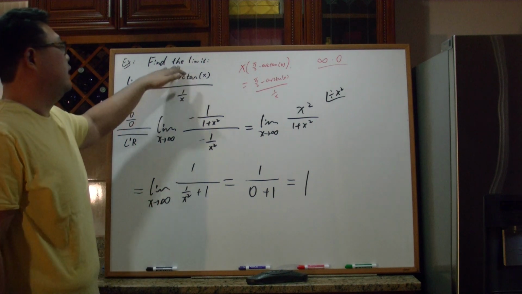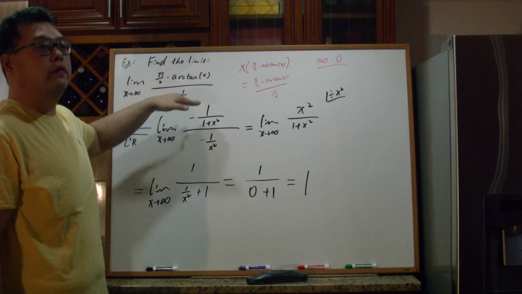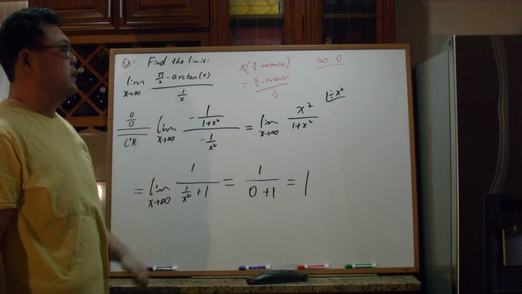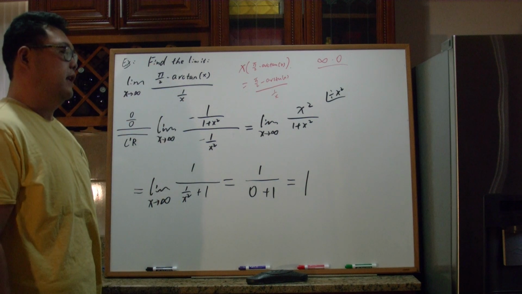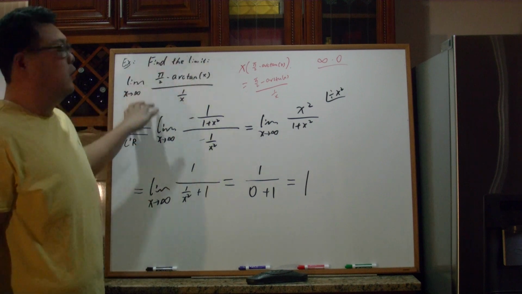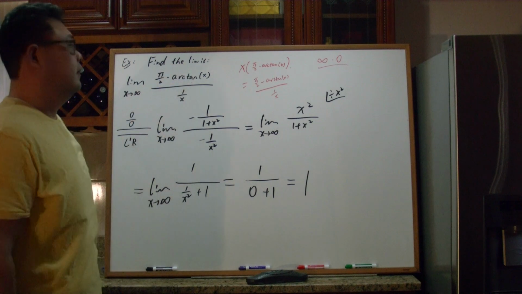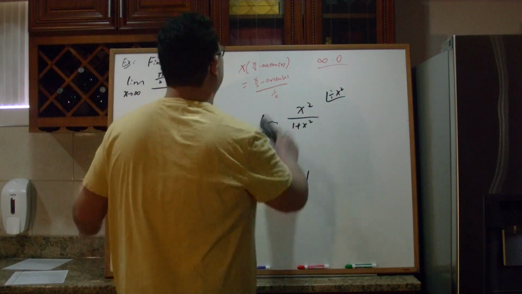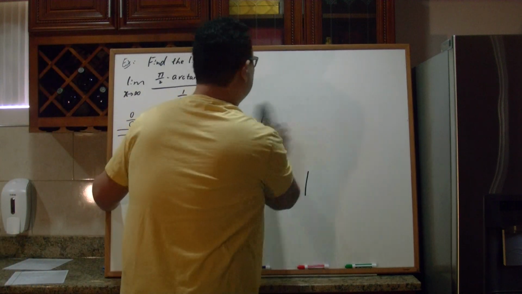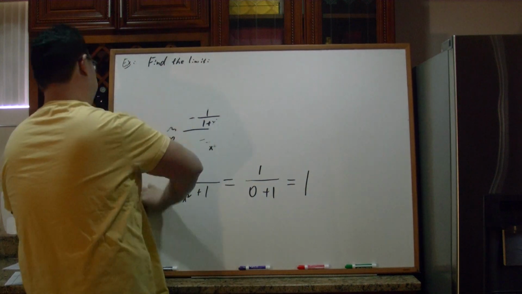We treat it separately as the ratio of two functions. It's not the chain rule that treats it as a whole as a function, but we treat them as two separate functions for the L'Hopital's rule to find the limit. Just that we need to be careful.